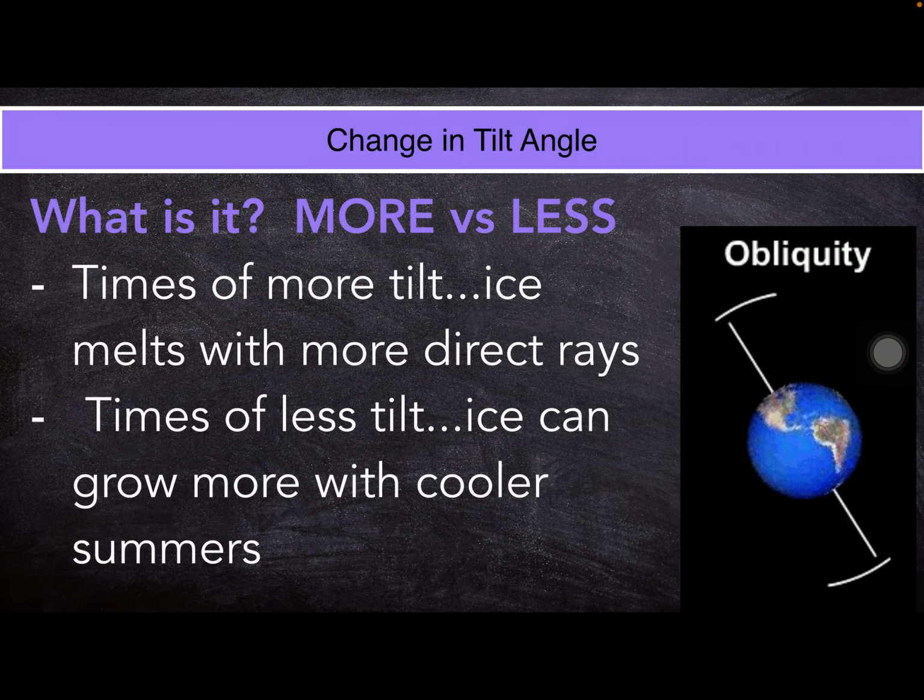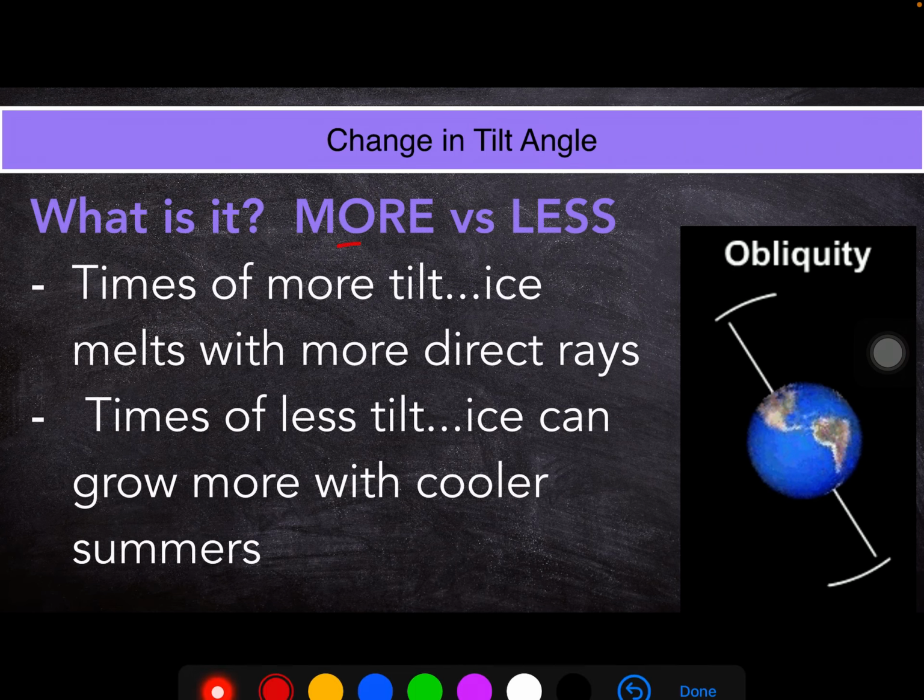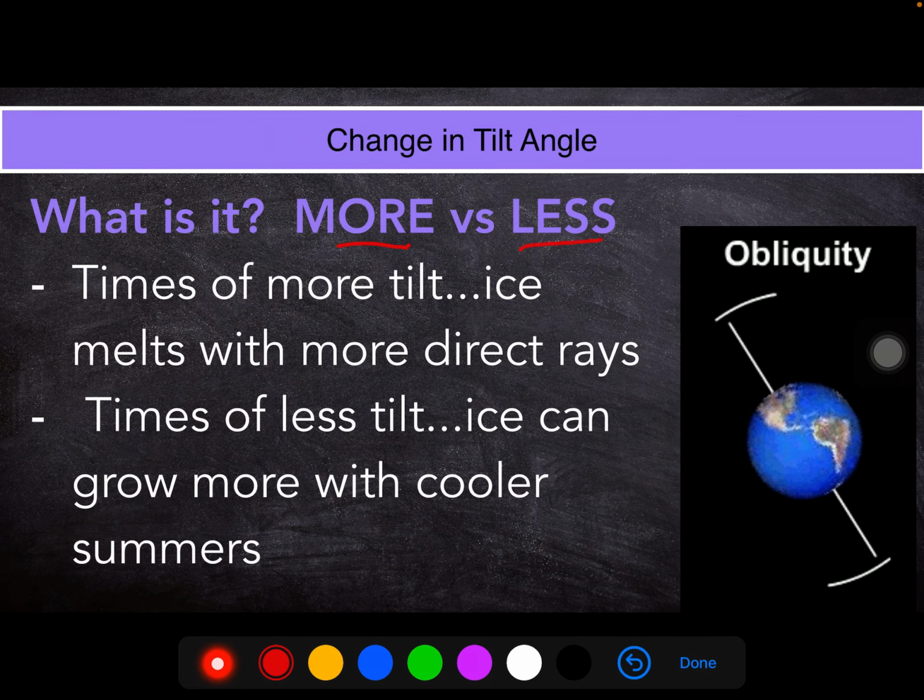The first one, like we said, is a change in the tilt angle. So extreme and less extreme. So we can go very big in tilt, or we can go very small in tilt. Now, when we have a greater tilt, that's when the sun's energy hits more directly on the poles. This is our extreme seasonal change.